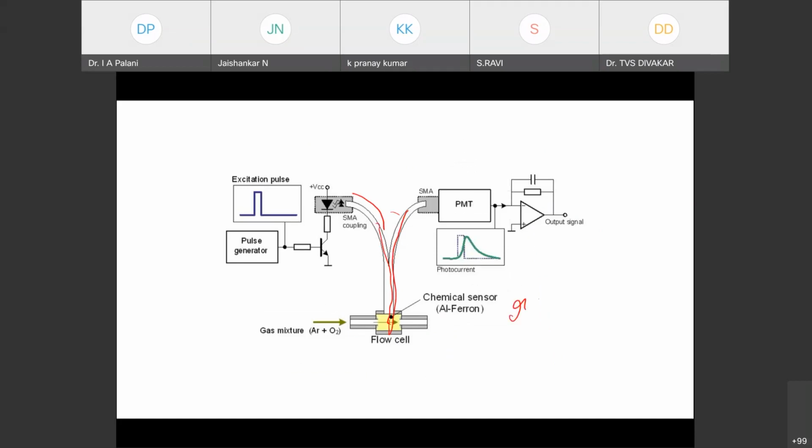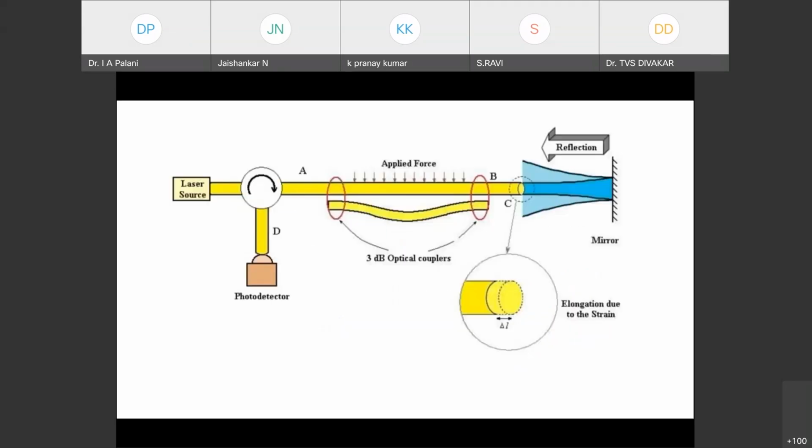One is obviously the reflection, and the other is intensity absorption. In the case of intensity absorption, your light gets absorbed, so there will be a drastic change in the intensity. With respect to this drastic change in intensity, you can measure the signal in your PMT.